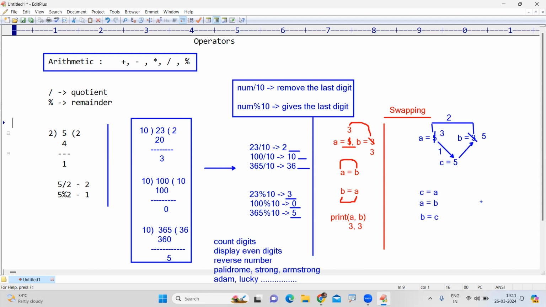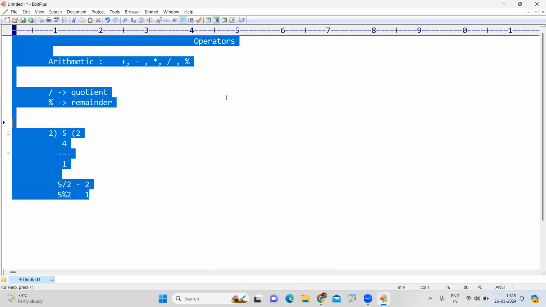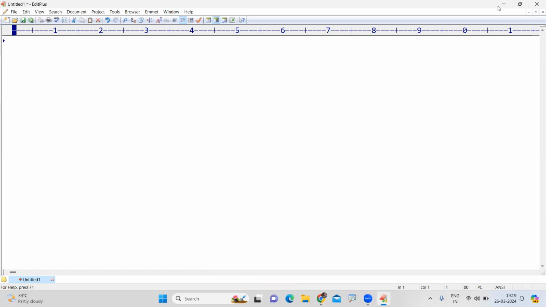So these are the arithmetic operators concept. After the arithmetic operators concept, the next concept is relational operators, used to write conditions. This is very, very important.